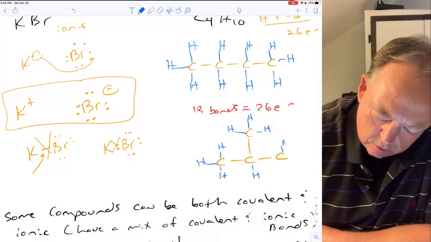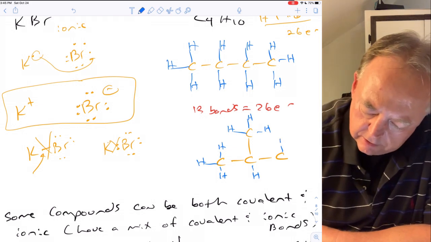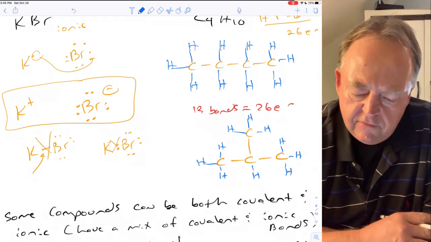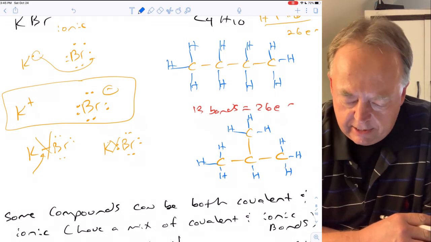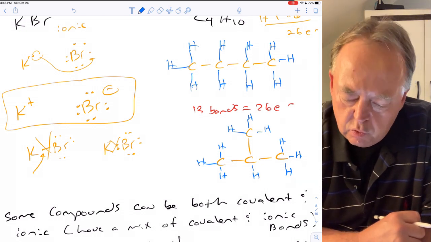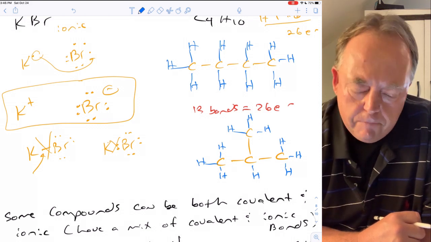Now the one in the middle only wants 1 hydrogen because it's got 3 bonds to carbon. So if we do that, that is also C4H10O. Each carbon's got 4 bonds. Each hydrogen's got 1 bond. That's 26 electrons. So that's a perfectly valid structure as well.